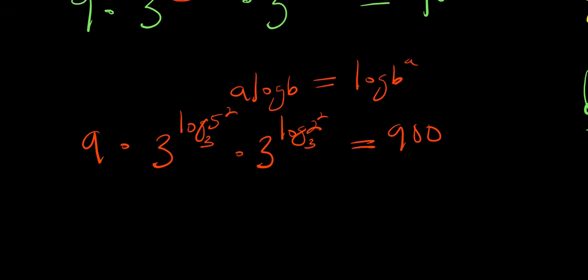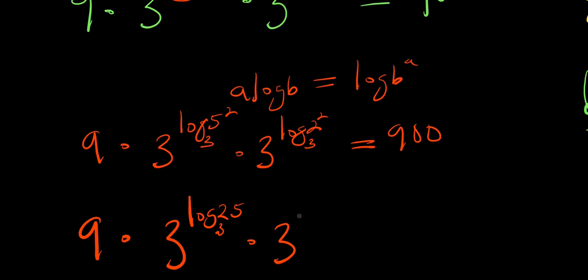So from here, I have 9 times 3 power log 25 to the base of 3 times 3 power log 4 to the base of 3 equals 900.